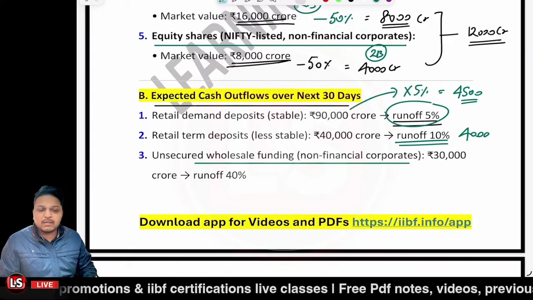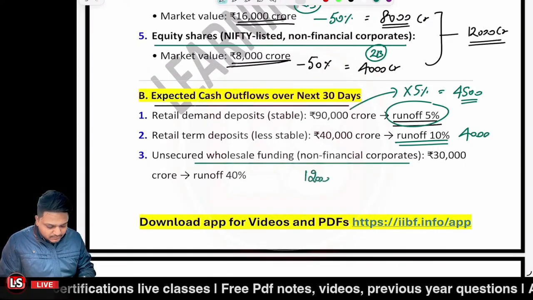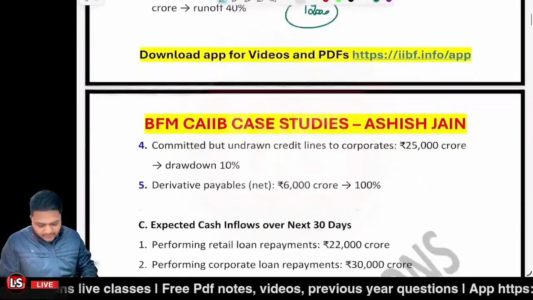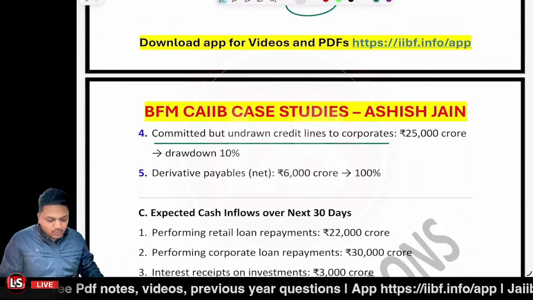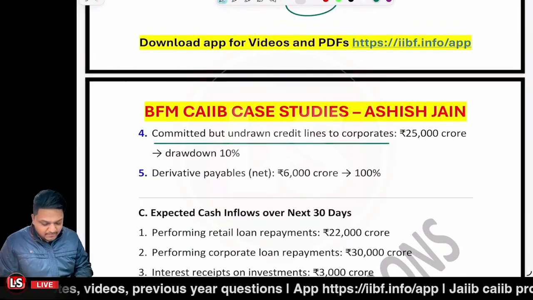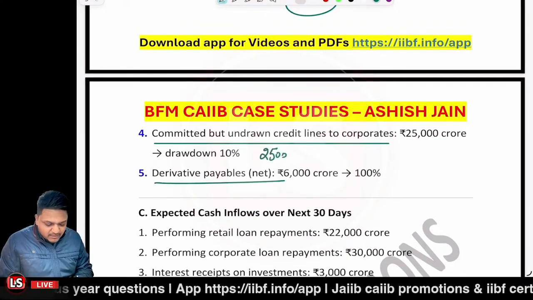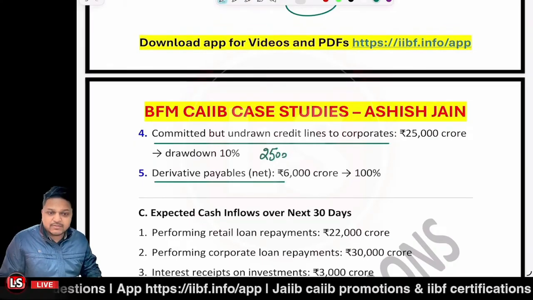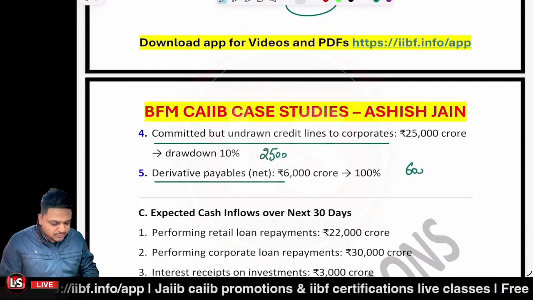So 40% of 30,000 crore, that is 12,000 crores. Fourth one is committed but undrawn credit lines to corporates, 25,000 crores multiplied by 10%, that is 2,500 crores. And derivatives payable, which are net given to be 6,000 and the runoff is 100%, so 6,000 crores.